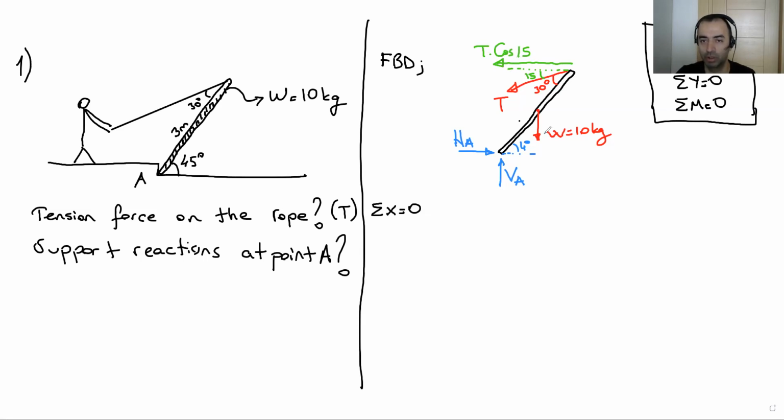Let's do the vertical one. So we have one more vertical here, which is T times sine 15. What we did here, we have only one inclined force on the system, which is T. We convert it, we resolved it to its perpendicular components.